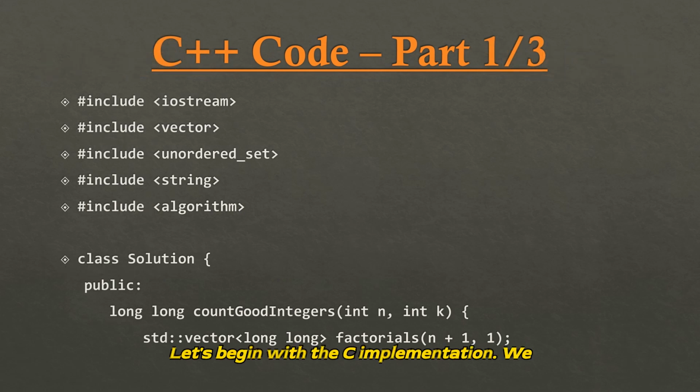Let's begin with the C++ implementation. We start by including the standard headers for strings, vectors, and unordered sets. Inside the solution class, we define our main method, countGoodIntegers. We also prepare a vector of factorials computed up to n, which will be crucial for accurate permutation calculation.